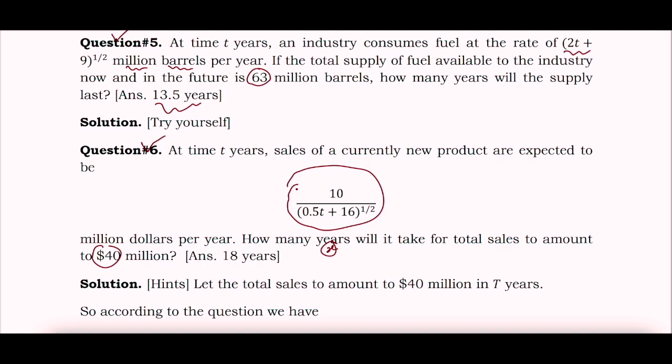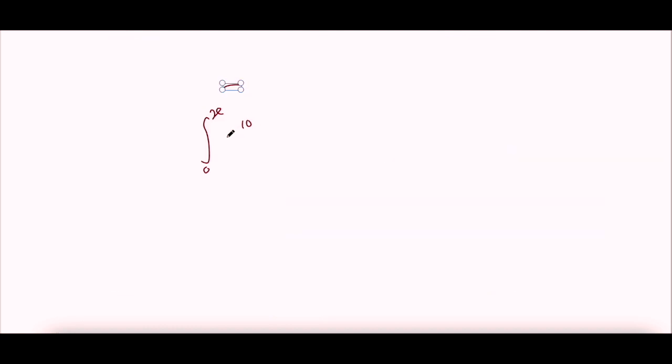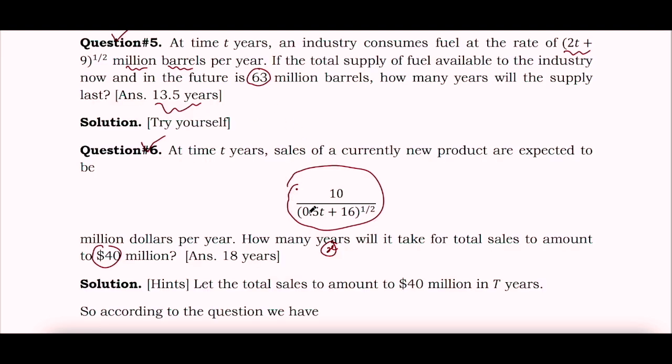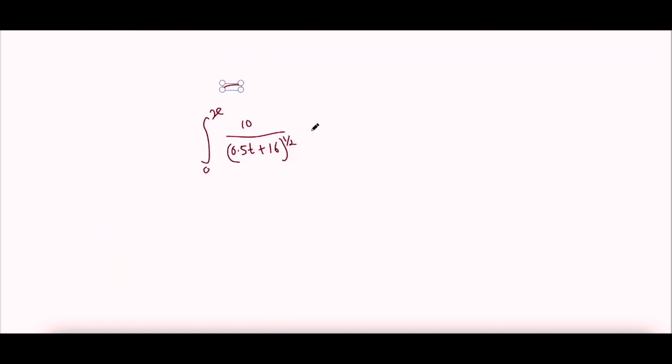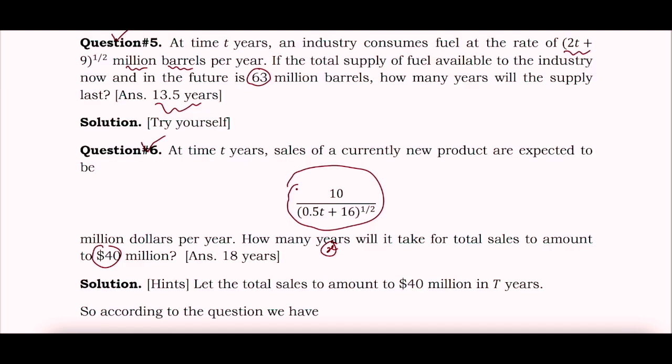Therefore, according to the question, we can write the integral of 10 by (0.5t plus 16) whole to the power half. Here will it be dt or dx? dt, equal to 40 million.